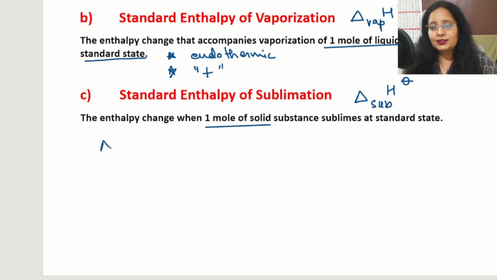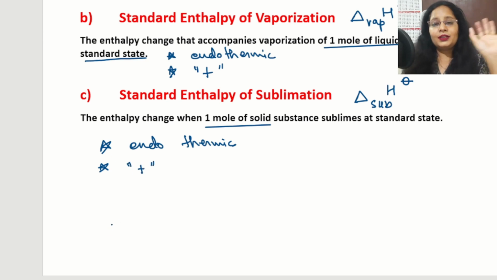It is endothermic because without giving energy we can't transform from solid to gas. So it is an endothermic reaction. Second point, if heat is given to the reaction, then the enthalpy will be positive in nature. So friends, till here we understand about the reaction enthalpy.